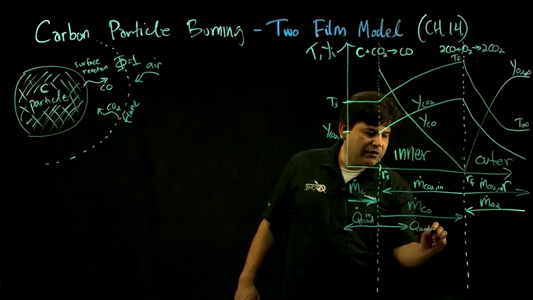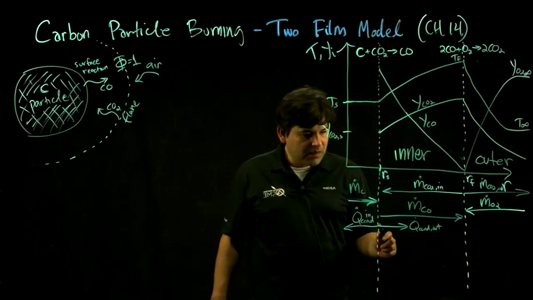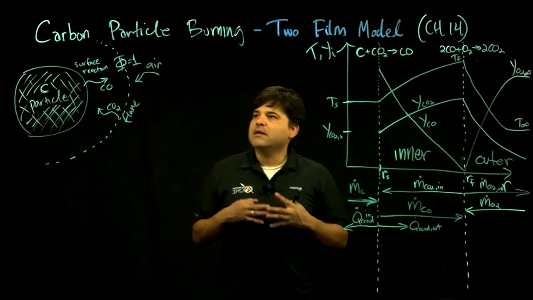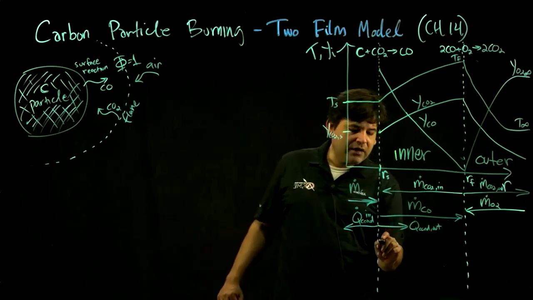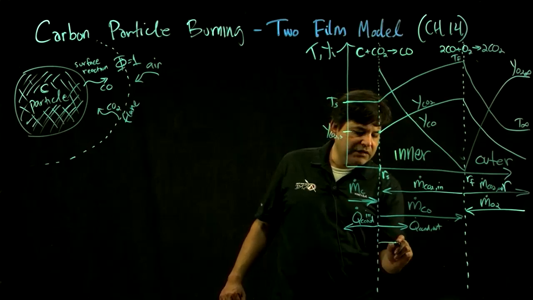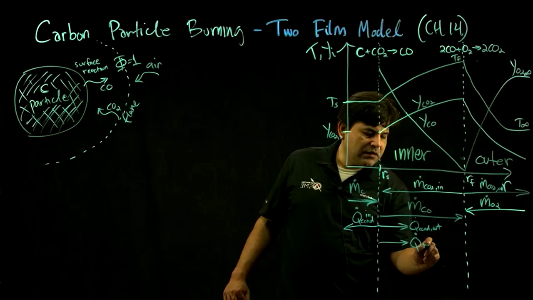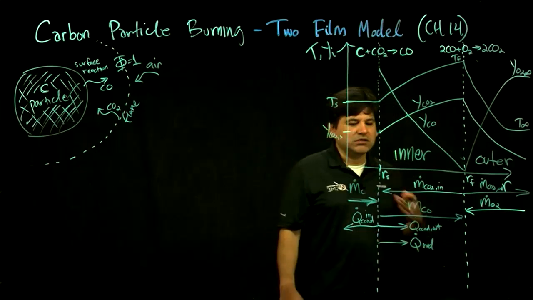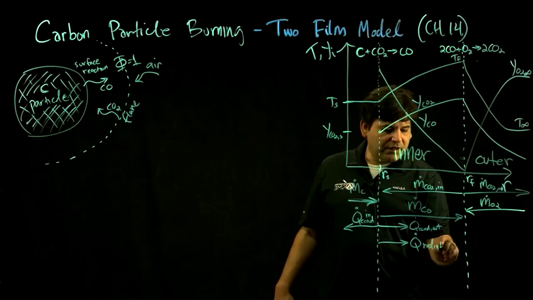So that's energy. And then because it's a dense solid at some reasonably hot temperature, you also have a release of energy outwards by radiation. It's glowing hot, and as it glows hot, it loses energy by that radiation mechanism.